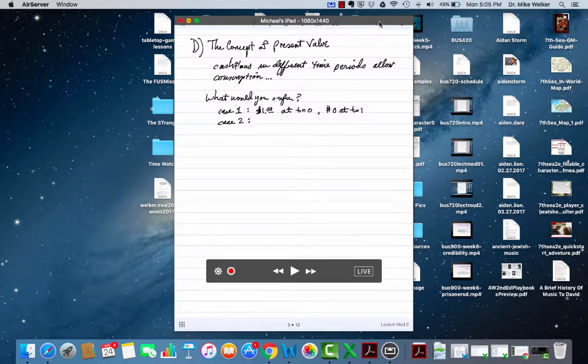Case 2 would be $0 at time period 0, and then $1 at time period 1.